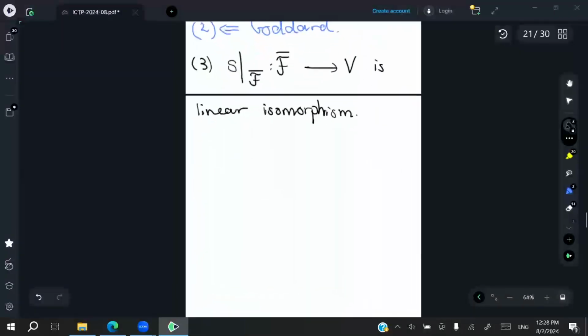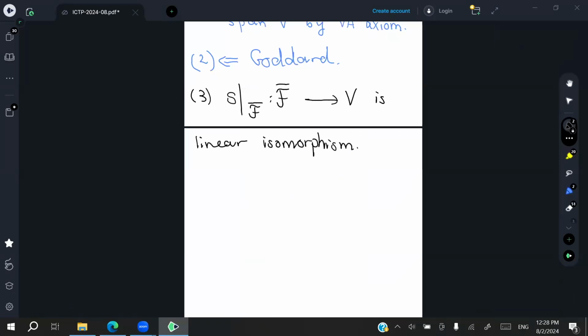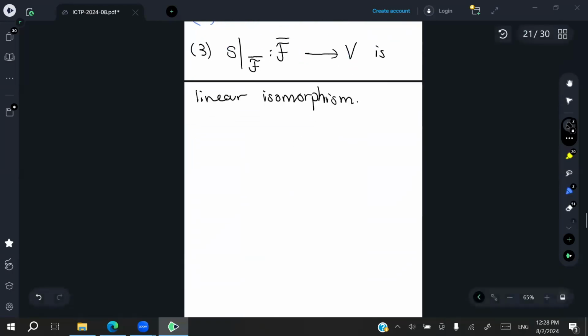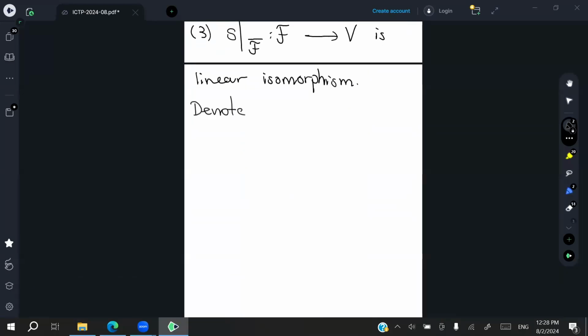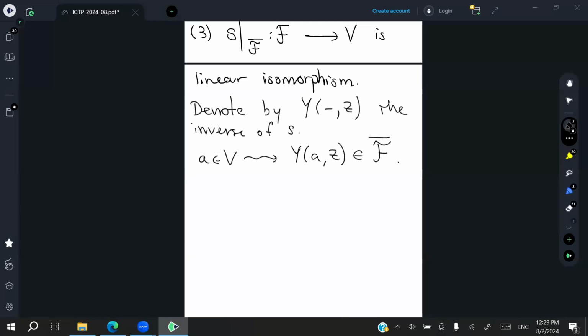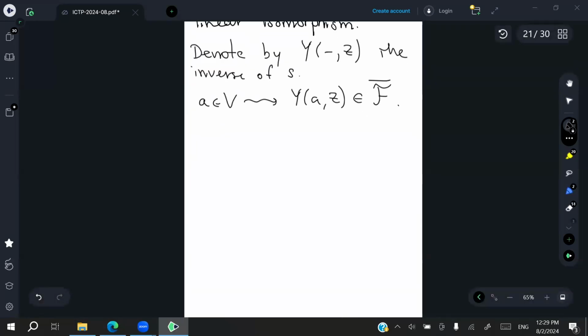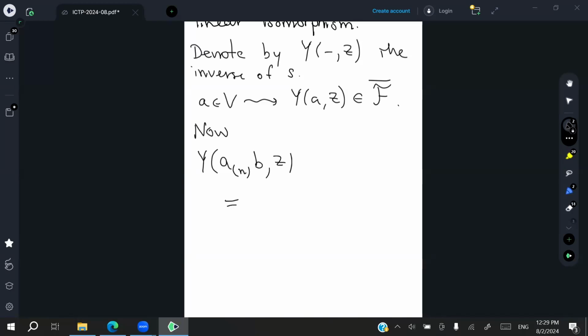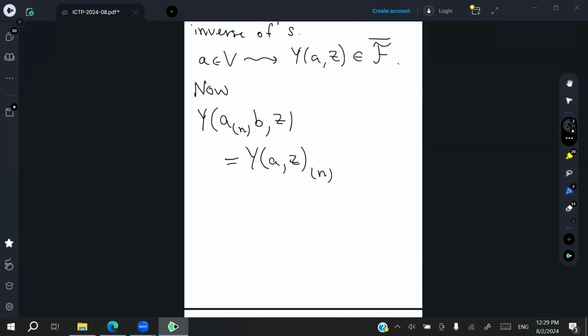We've established an isomorphism between V and the set F bar, the sort of completed set or envelope of quantum fields. So let's denote by Y the inverse of S, that is for A in V, we get Y of A, Z, a quantum field acting on V. Then if you take the quantum field associated with A, take its nth coefficient and let that act on B, and then take the quantum field associated with that, you'll find that it equals the nth product of the quantum fields associated with A and B. And this again is basically clear.